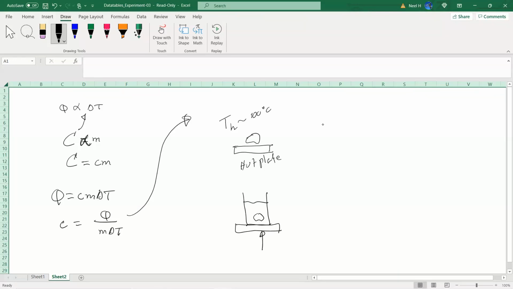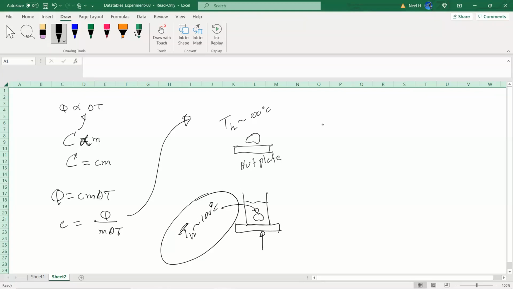Then we can assume this whole object is at boiling temperature, so T_H is going to be roughly closer to 100 degrees C. If I keep enough time, the heat absorbed from the boiling water will make the object reach that temperature. So we have to wait at least 10 minutes to make sure the deep inside of the object is at this temperature. If not, that's going to add a lot of error into our final calculation.